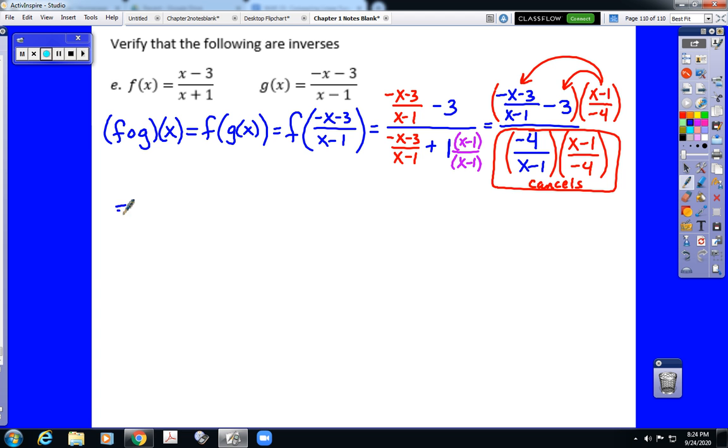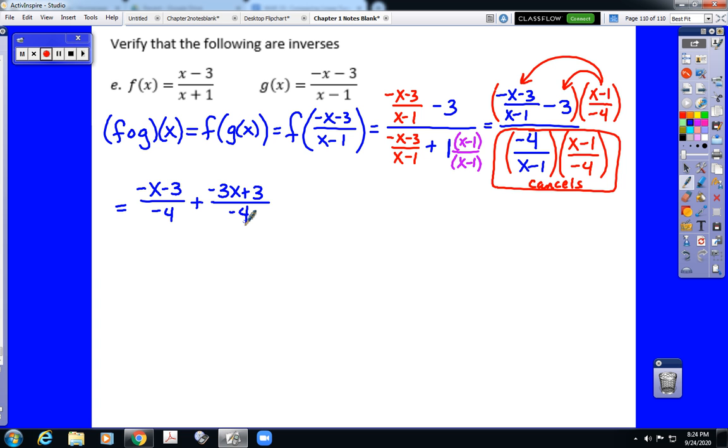So we multiply both of these terms by the fraction x minus 1 over negative 4. When we do that, in the first fraction the x minus 1's cancel, leaving negative x minus 3 over negative 4. And in the second fraction, we end up multiplying negative 3 times x minus 1, which is negative 3x plus 3 over negative 4.